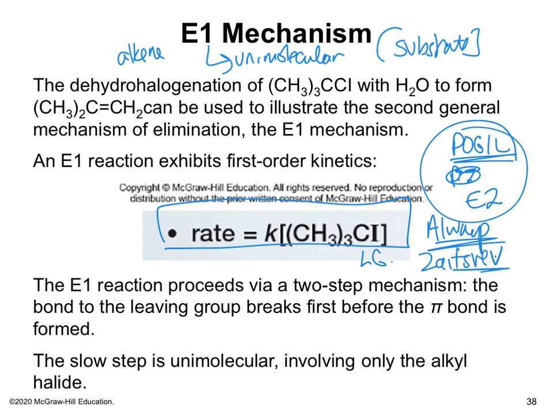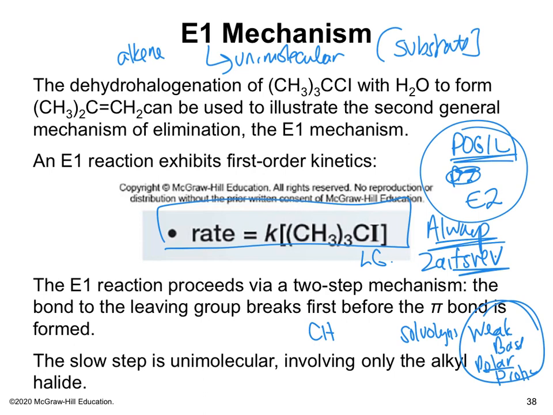So this is always going to be Zaitsev's. You're going to be using a weak base, and it will always, well, mostly, yes, be a polar protic solvent. Usually your base and your solvent are going to be the same thing, and they call that solvolysis. And so you'll just do this reaction in methanol, or you would do this reaction in water, or you would do this reaction in ethanol. And that's what you're going to see, typically methanol and ethanol and heat.